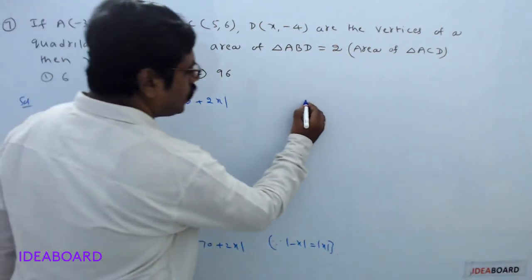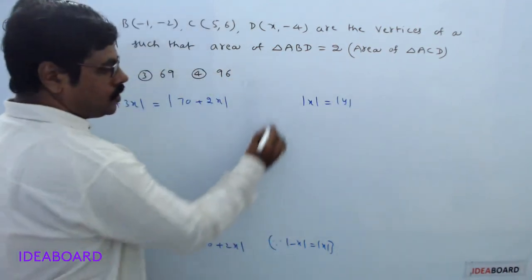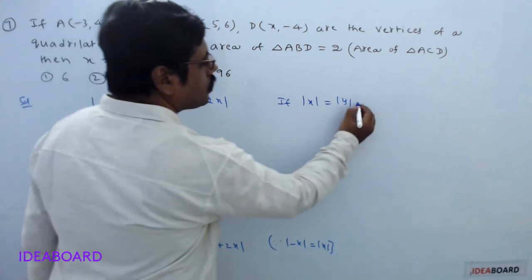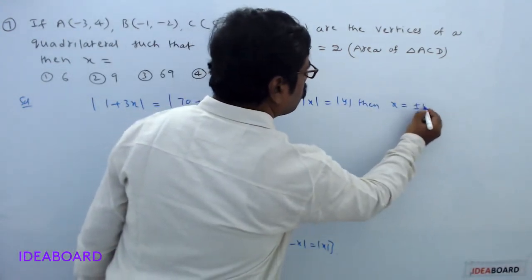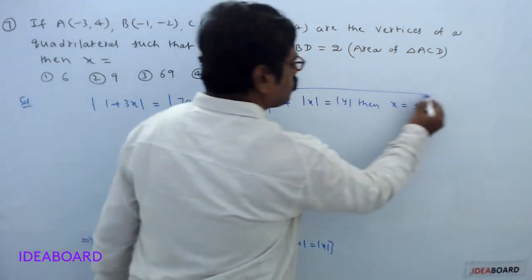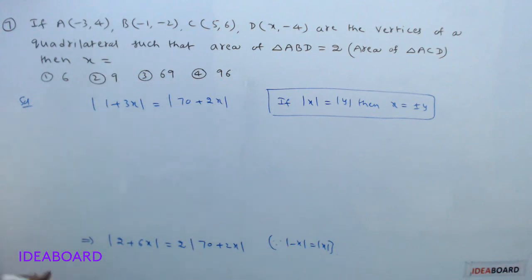Now this equation is of the form mod x is equals to mod y. If mod x is equals to mod y, then x equal to plus or minus y. So use this result on your equation.